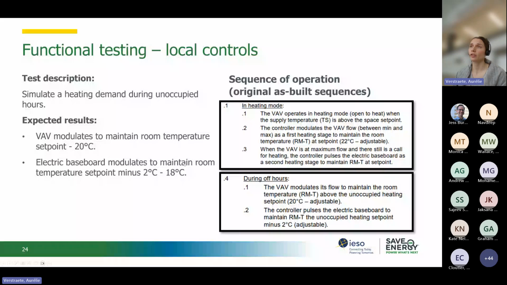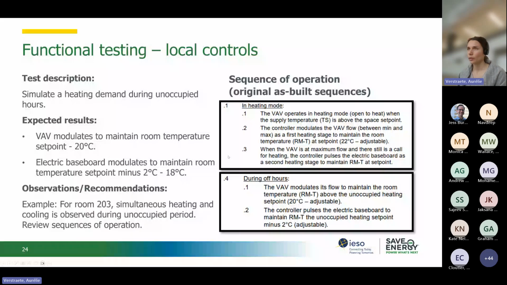It's because of energy efficiency that we can have the VAV prioritized here. Then what could be observations or recommendations? For example, you see that for room 203 there is simultaneous heating and cooling during unoccupied hours, and you see that in that room maybe there are two VAV boxes.